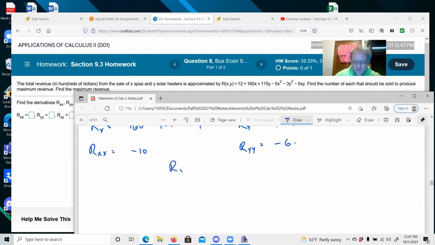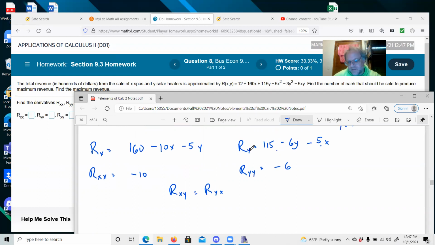R of xy is equal to R of yx. If I take Ry and take the derivative with respect to x, it's negative 5. Same thing over here: take Rx and then the derivative with respect to y, we get negative 5.